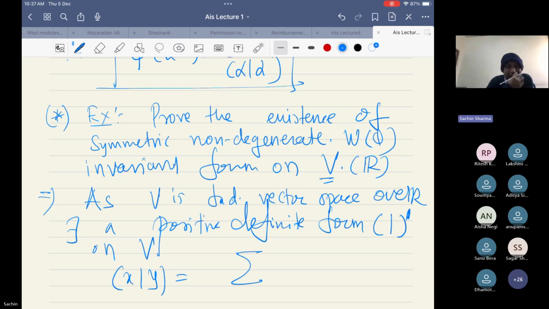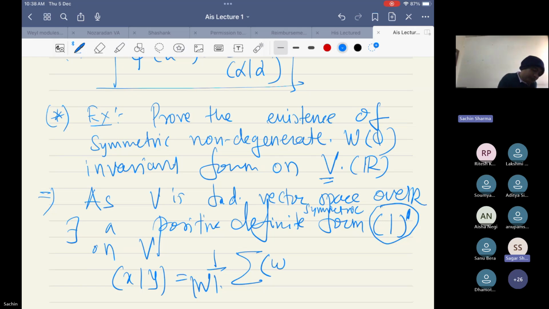Anybody from the participants? How should I define, using this form, a W-invariant, non-degenerate, symmetric form? Just sum it over the whole Weyl group. Summing over the Weyl group means first of all you define the cardinality of the Weyl group, and then the inside stuff is important for me: sum over w in W of (wx, wy).